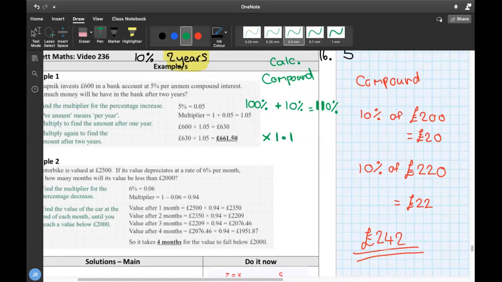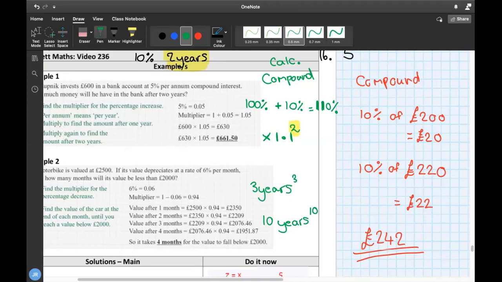That means I take my original amount, multiply it by 1.1, but 1.1 to the power of 2, because it was for 2 years. If I was doing it for, let's say, 3 years, that would be to the power of 3, or cubed. 10 years, I'd find my decimal multiplier and take it to the power of 10. However many times you are expected to find that interest, that will be your power.